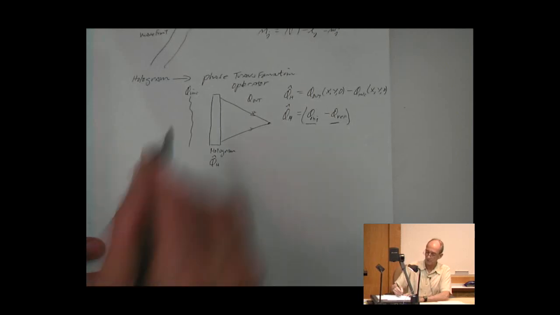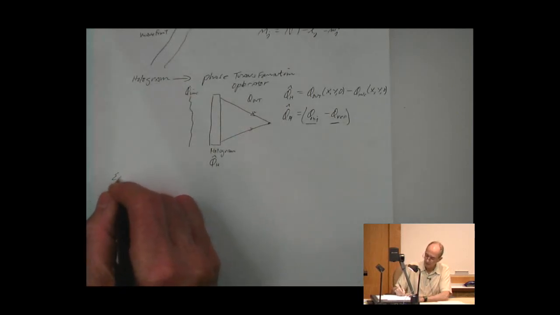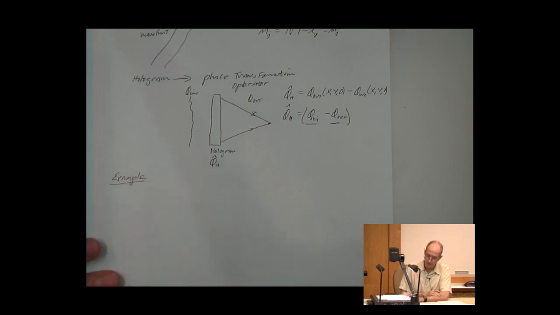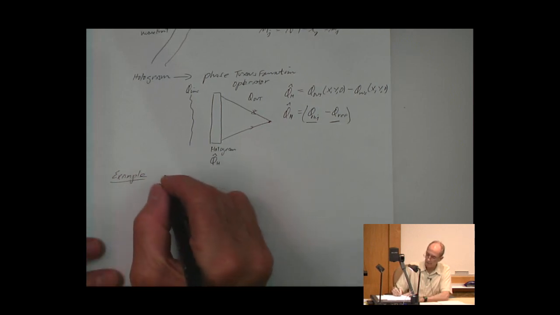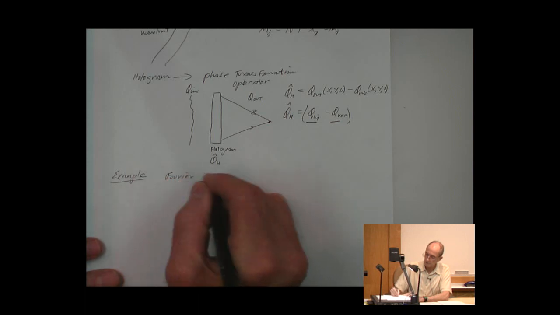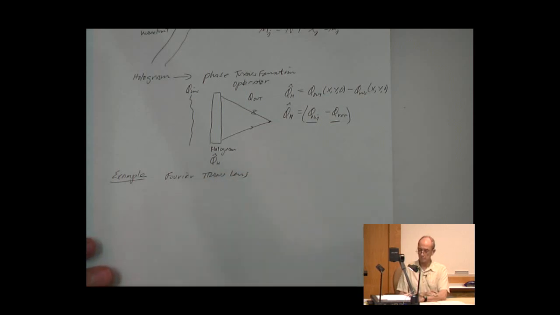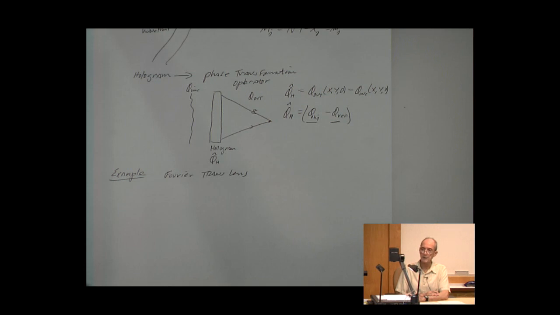Okay, that was a little bit abstract, but let's look at a very practical example here. And that is that we want to have a Fourier transform lens that has an acceptable image spot over a certain field of view.